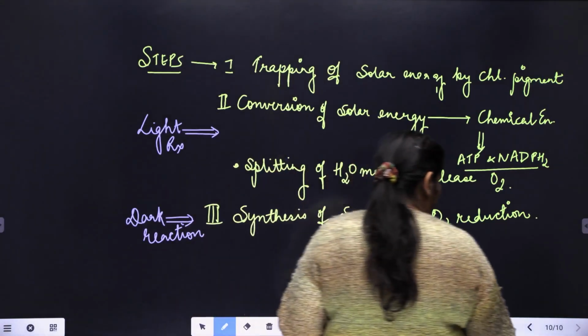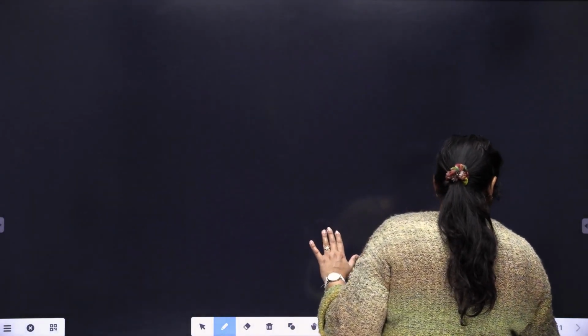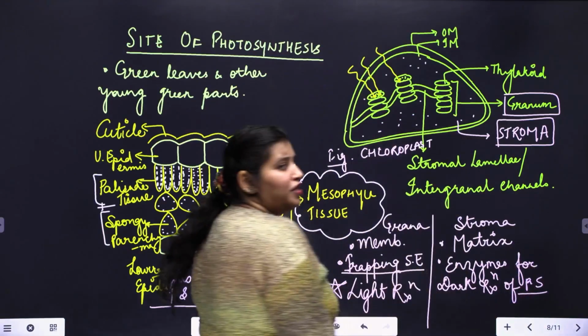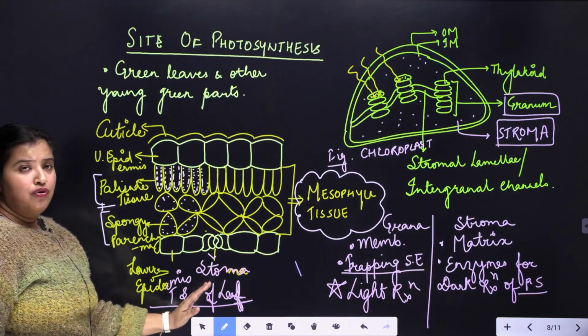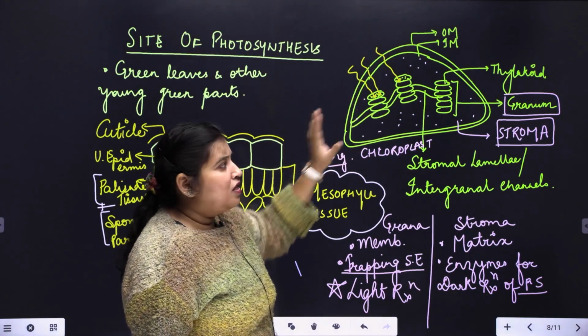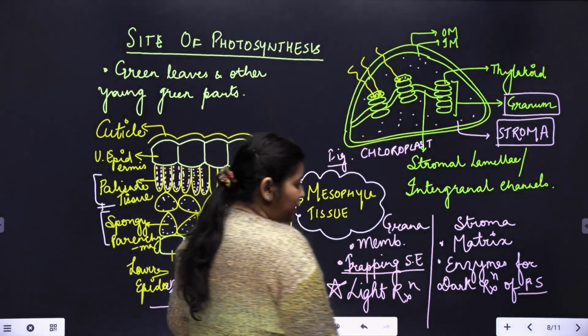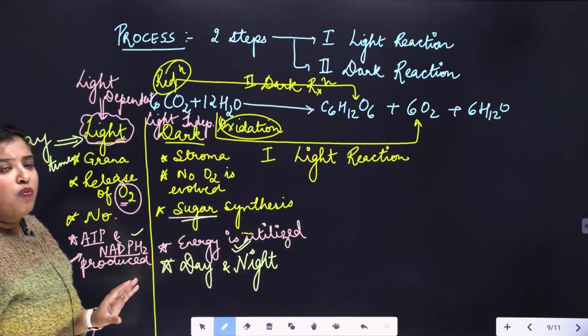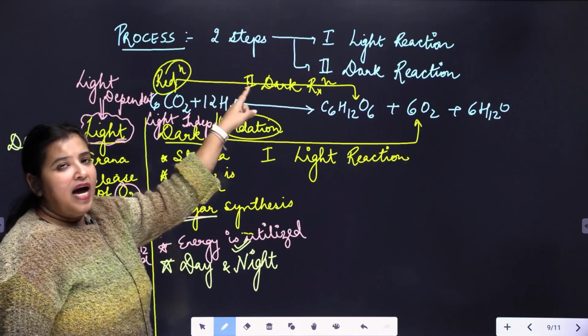Now just giving you a quick recap of what we have already done. The site of photosynthesis, the mesophyll tissue, the chloroplast having the chlorophyll pigment in the granum part, the membranous part. Then the process of photosynthesis which involves light reaction and dark reaction.